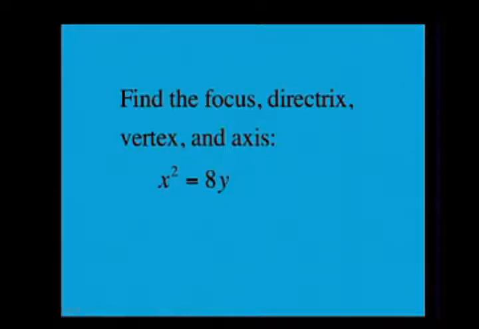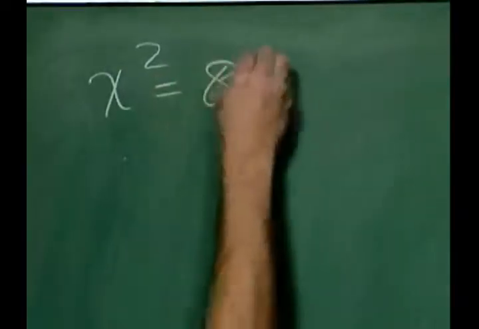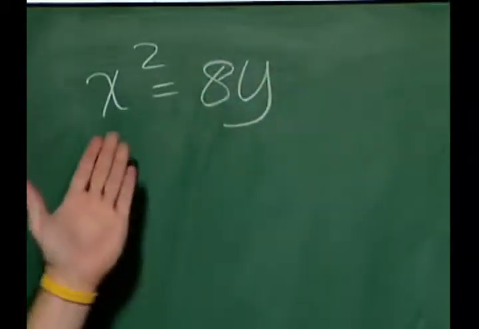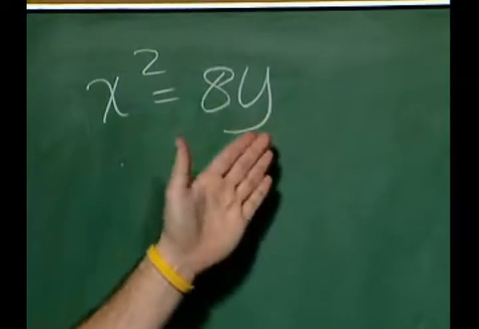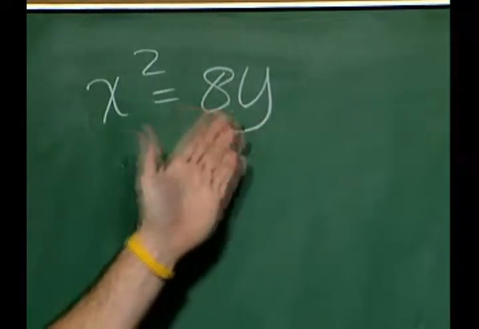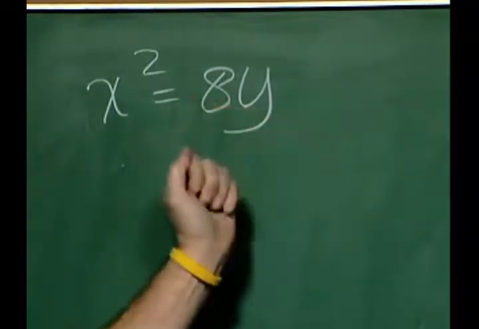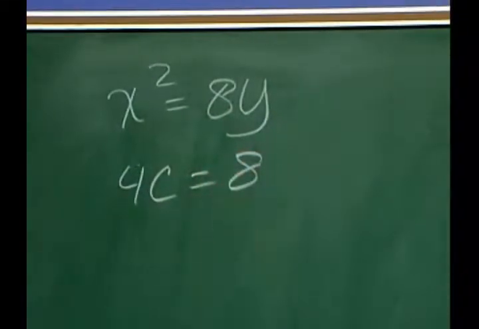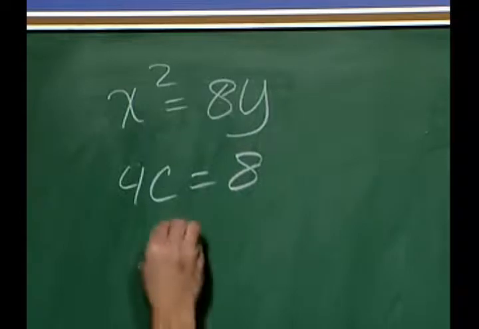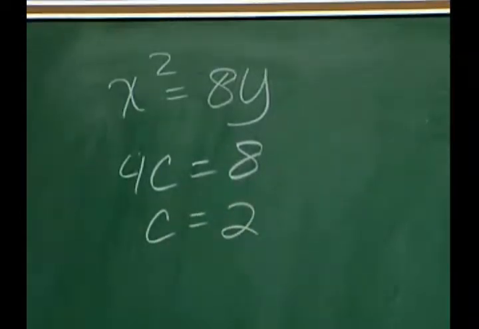X squared is equal to 8y. Of course, this has the form of x squared is equal to 4c times y. So we would set 4c equal to 8. And that tells me that c is equal to 2.